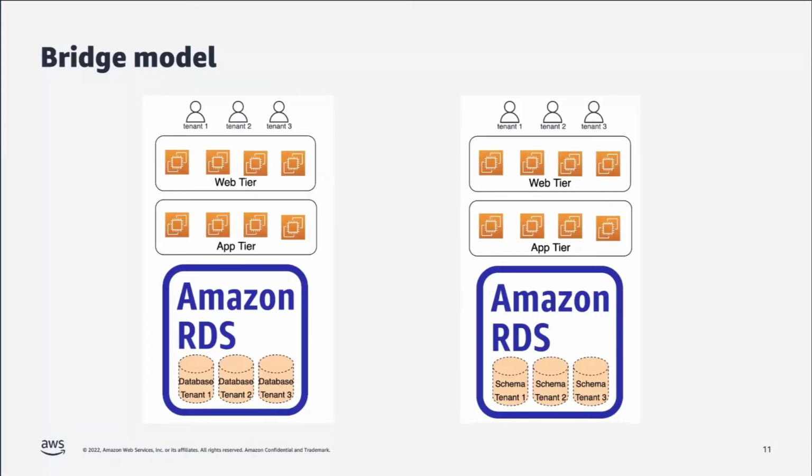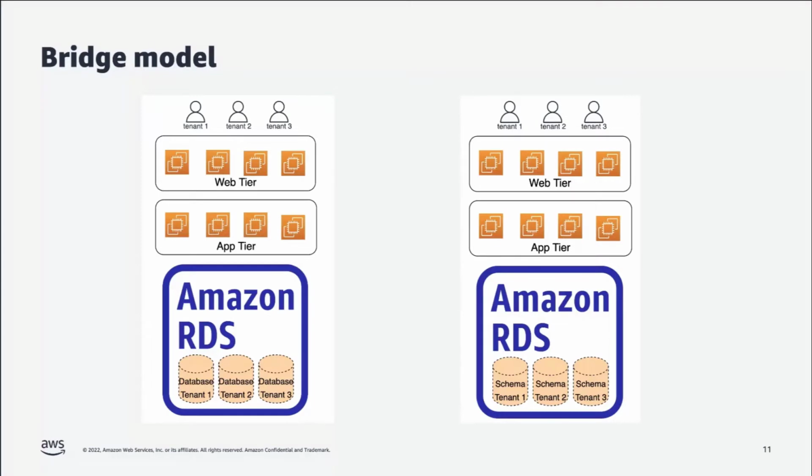In the bridge model, you isolate the tenants by either creating a database per tenant within the database cluster or by creating a schema per tenant within a database cluster. The bridge model often represents an appealing compromise for SaaS systems.